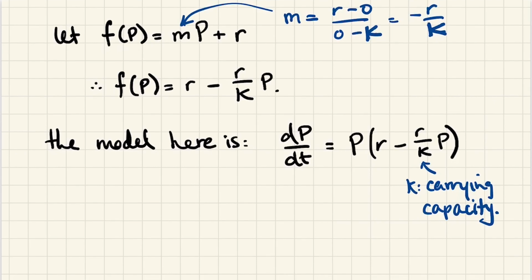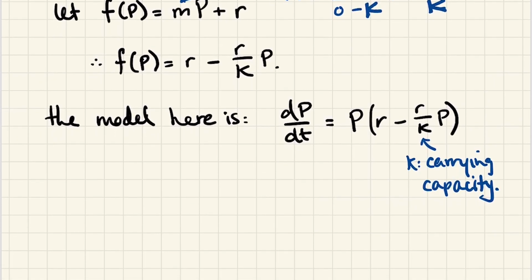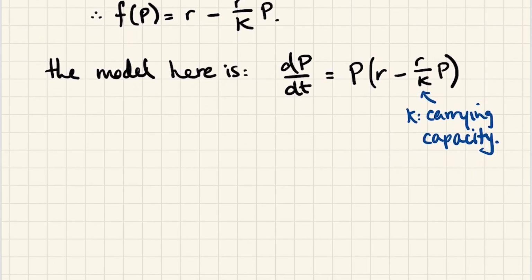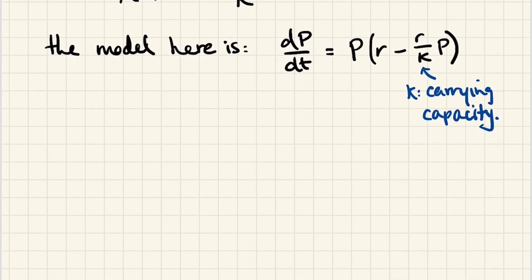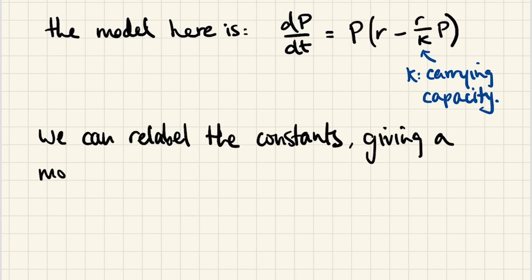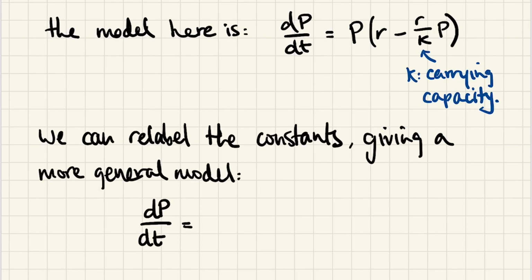old model. Now this is a pretty flexible concept here, so we're actually going to relabel the constants to give even a more general logistic model that applies to more than just population growth. So instead of using r and k, we're going to use a little a and a little b.